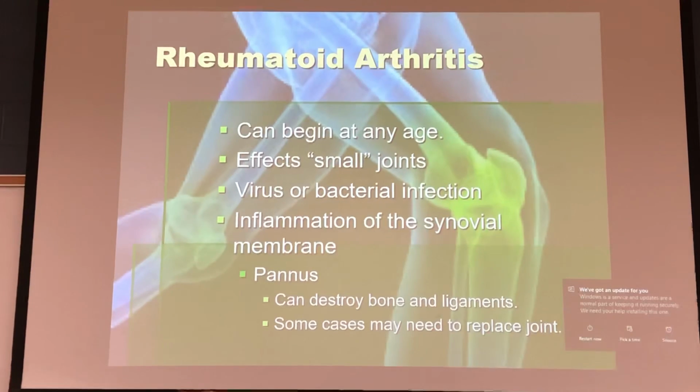So it doesn't just cause pain, it can cause the joint or the bones to shift and no longer even be functional. So that's the memory that I have in my head of that friend of my grandfather with fingers that were all distorted. His joints were just moved because of the pannus.